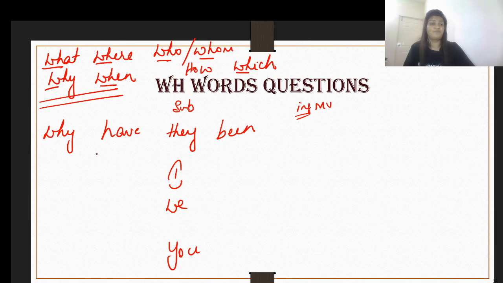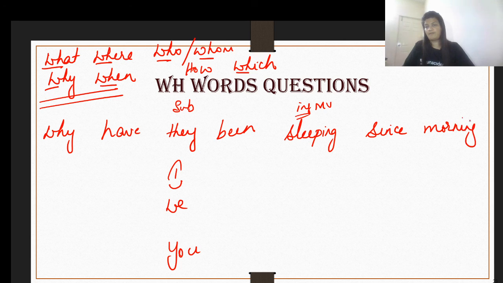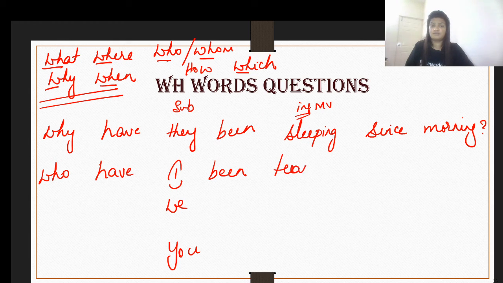So let us say, why have they been sleeping since morning? Why have they been sleeping since morning? Or let us say, if you bring in the word who, again, because the subject is I, you bring in have. Who have I? Do not forget to introduce the word been. Who have I been teaching for 8 years?